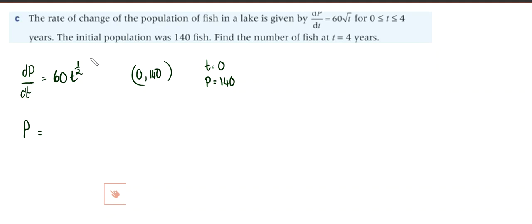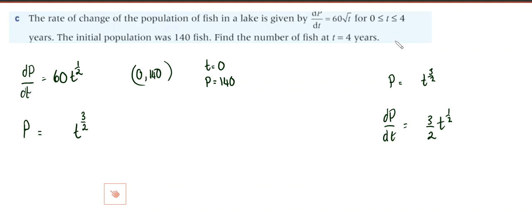Well, power rule, we just do what? If we were differentiating, we'd have subtracted 1, so we're just going to add 1 back on. So t to the power of 3 over 2. So if I had p is t to 3 over 2, that would give me dp dt as t to the power of a half. But what do you do then? You times it by 3 over 2, don't you?